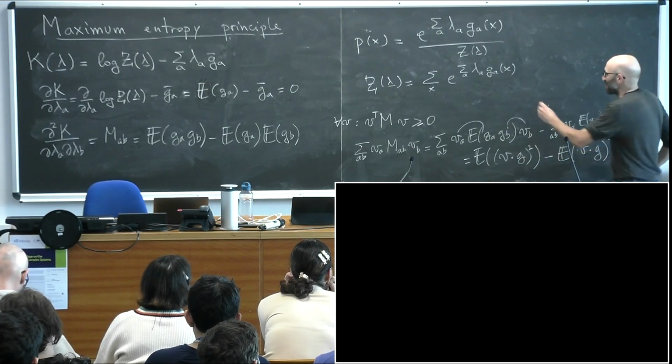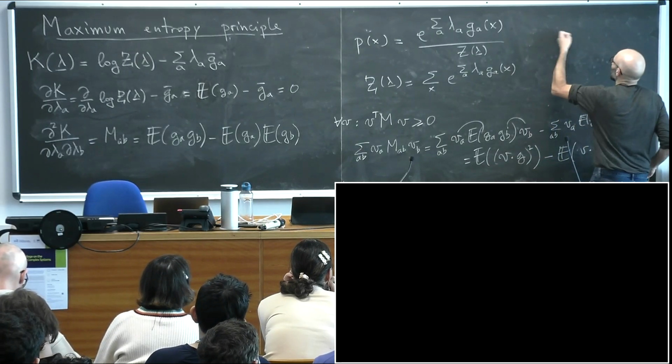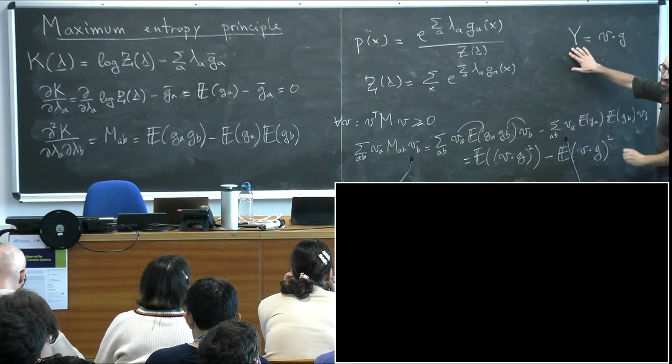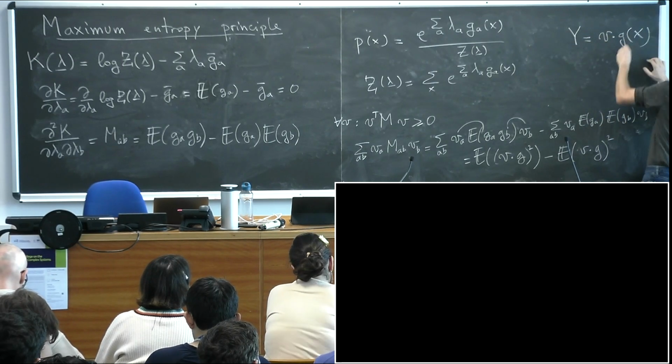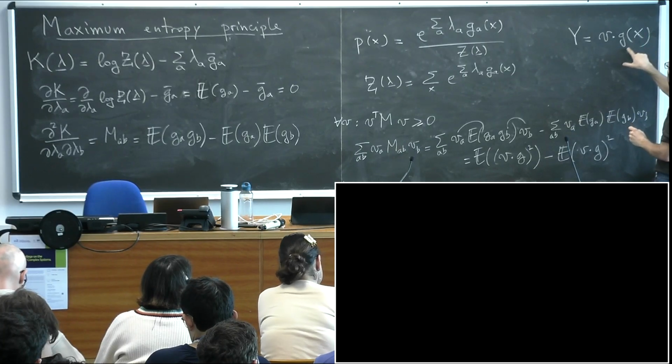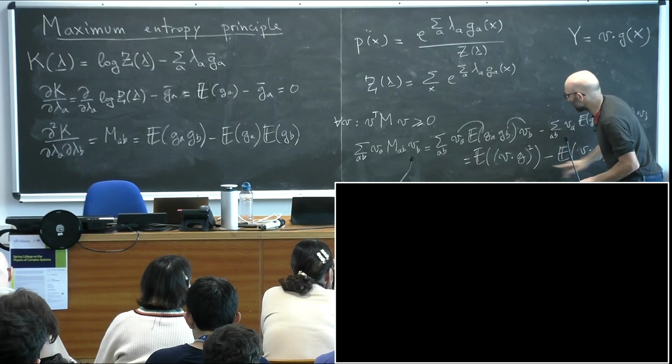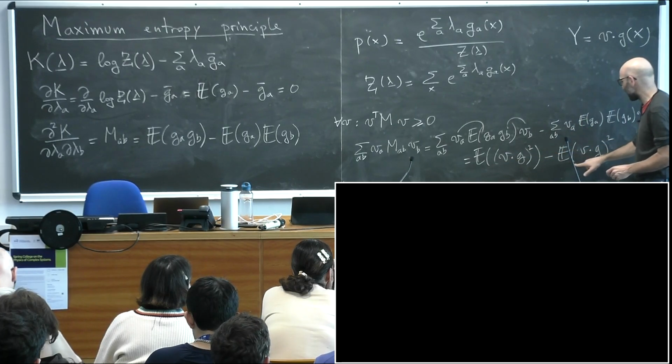If I call y equal to v dot g, then y is a random variable, and this quantity is just the expectation of y squared minus the square of the expectation of y.